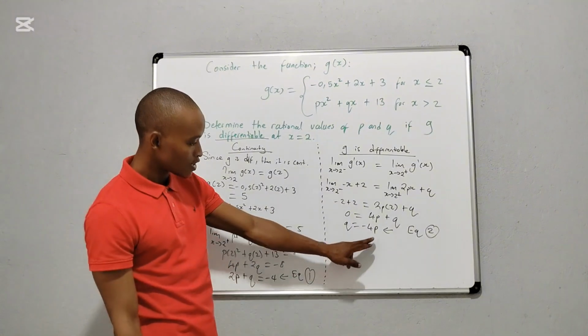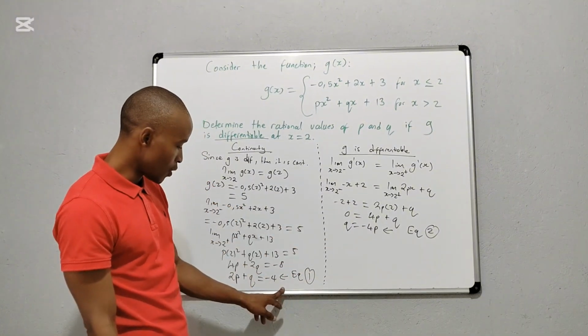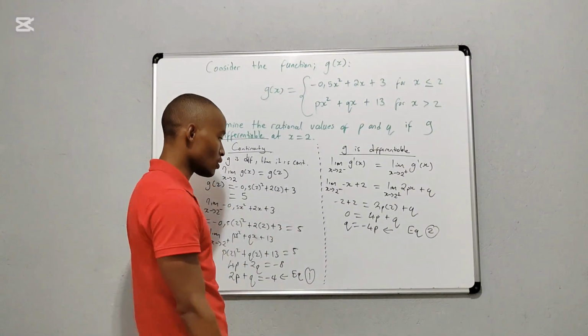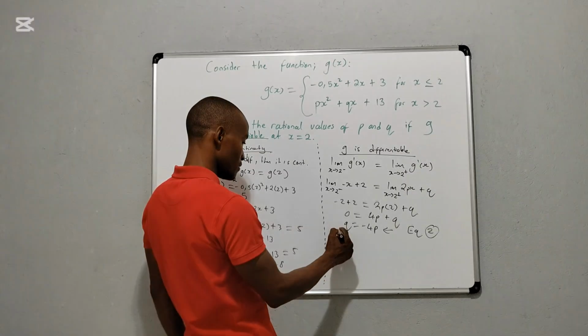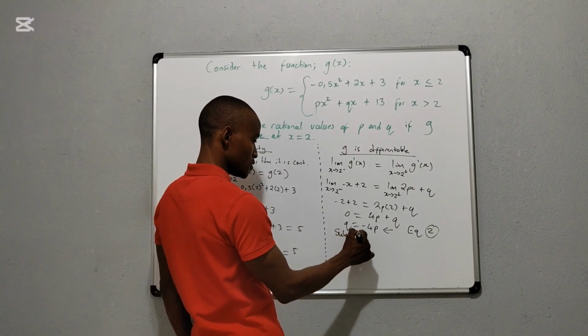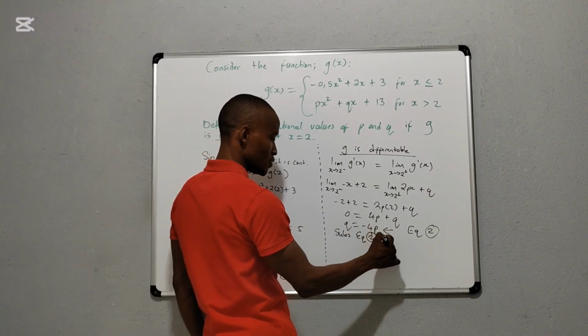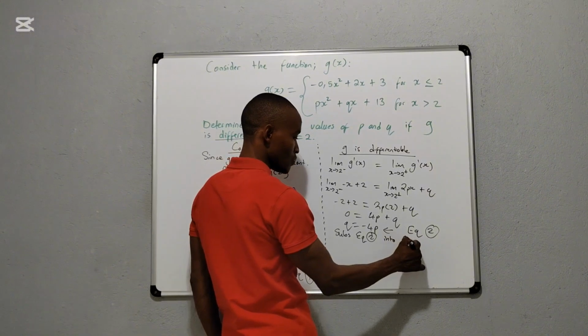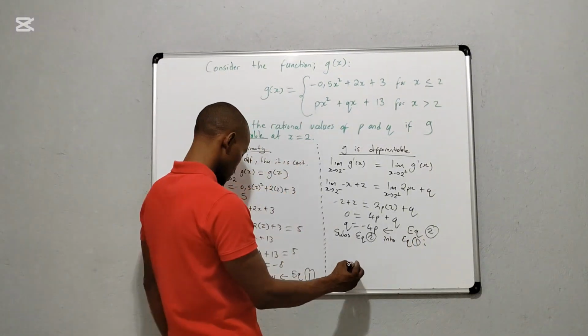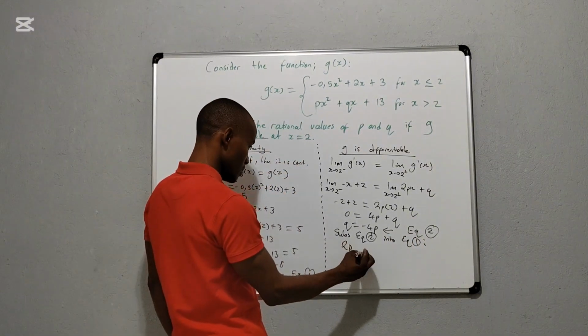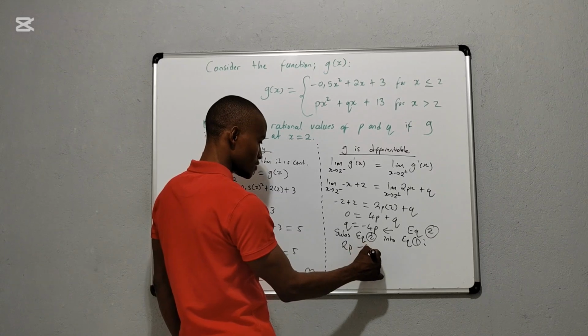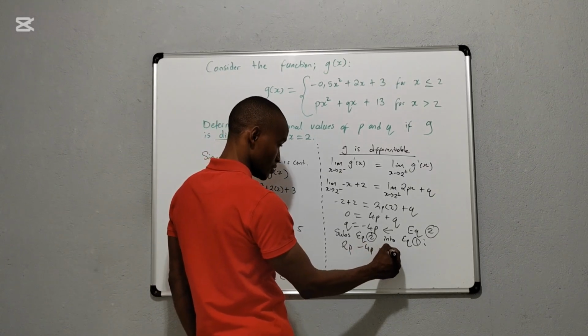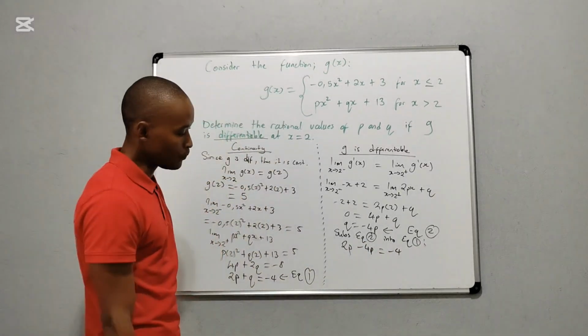Okay, so we're going to substitute equation 2 into equation 1 and solve. So now this becomes 2p minus 4p is equal to negative 4.